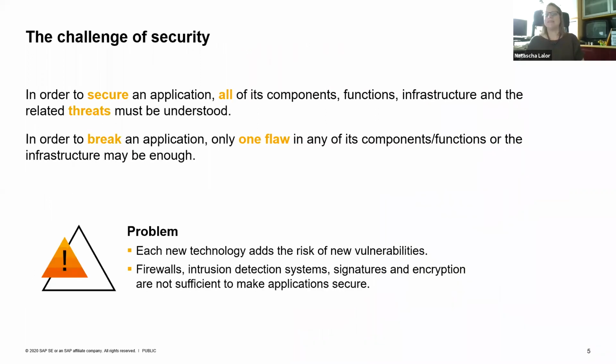The problem that there is, and this is a very critical one, is that first of all, you have to understand all these threats that I just mentioned, and how they fit in with the infrastructure. It takes really only one flaw in your application to be misused.